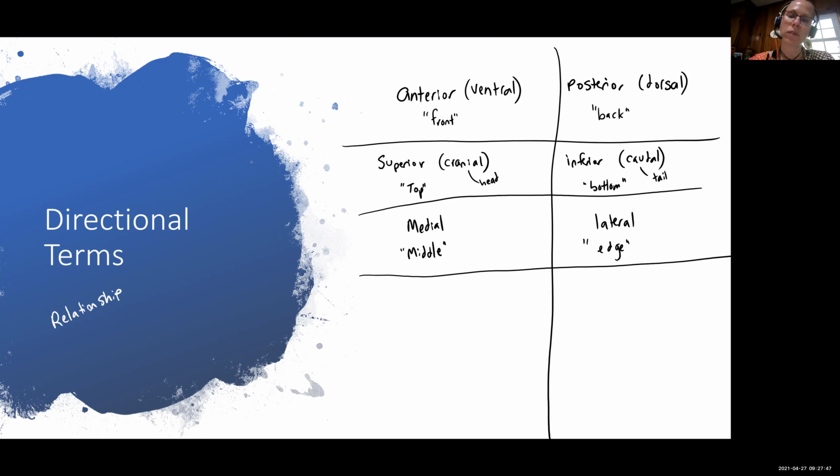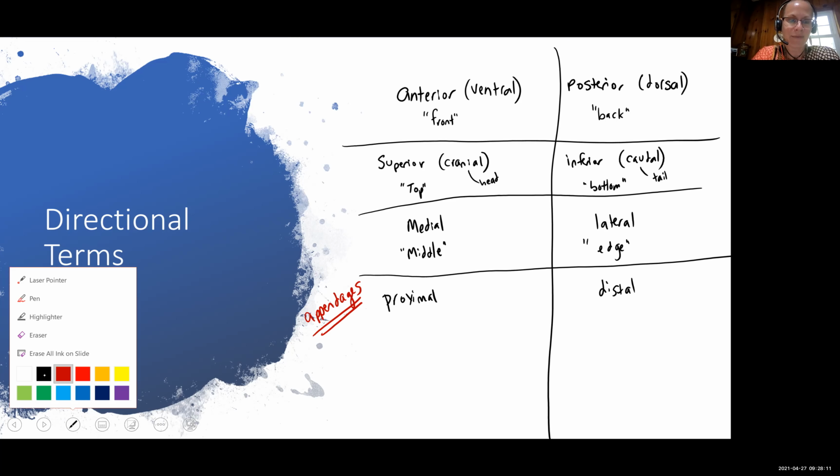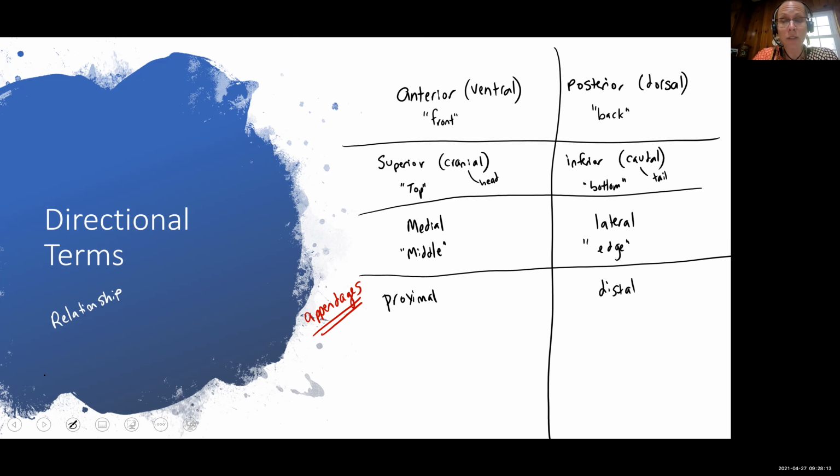Okay, next we have what's called proximal and distal. Now, these terms are going to be associated with the appendages. Appendages is talking about what we think of commonly as arms and legs, okay? When we talk about proximal, think of approximate, or close to.